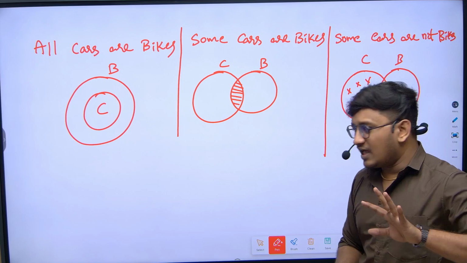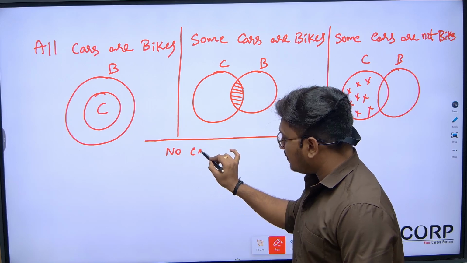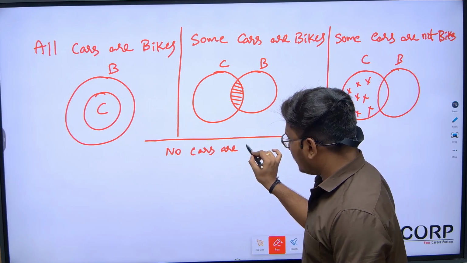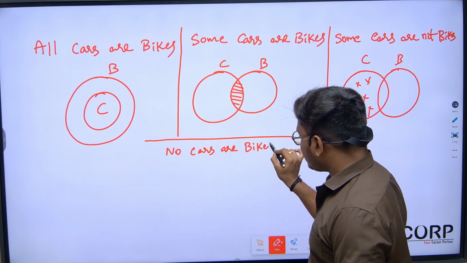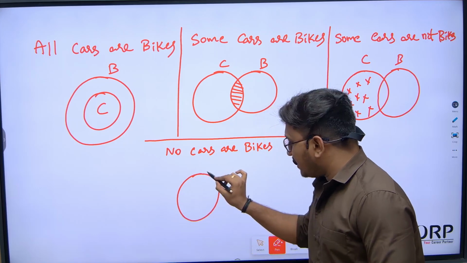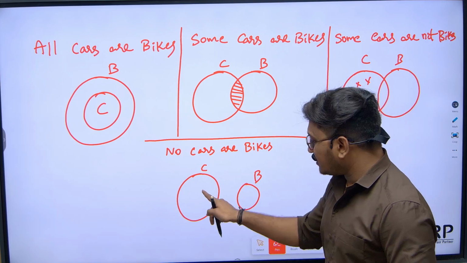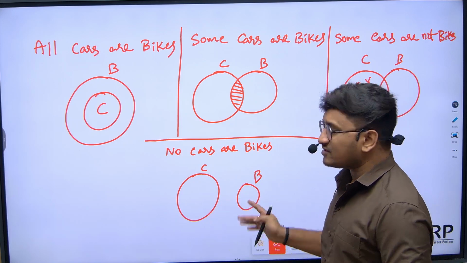Now the last statement we have: no cars are bikes. No cars are bikes means the car circle and the bike circle should be separated. They should not intersect.